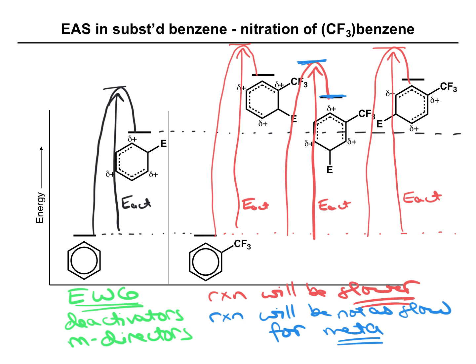So hopefully by working through the details of the mechanism and focusing on energy profile diagrams, this gives you a good understanding of why there are activating and deactivating effects, and why some groups are ortho-para directors while other groups are meta directors.